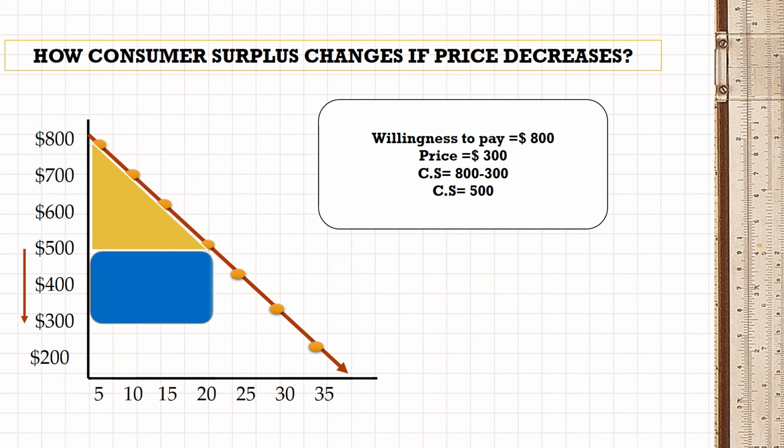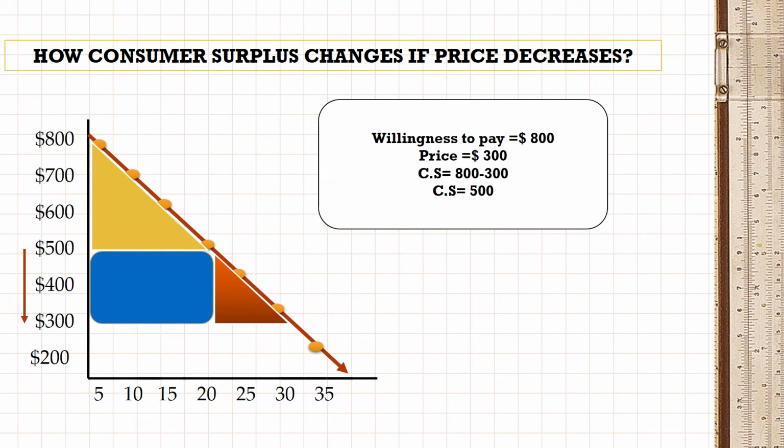Why? Because previously you were buying a product at a higher price, but now as the price has decreased, you're able to get the commodity at a lower price. So all the shaded area, despite its color, is your consumer surplus, but this blue rectangle is your increase in consumer surplus, because previously your consumer surplus was 300, now it has increased to 500.